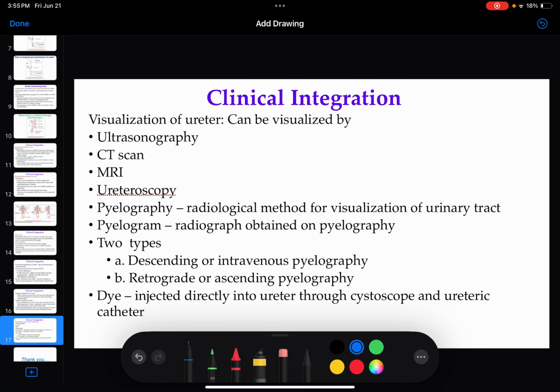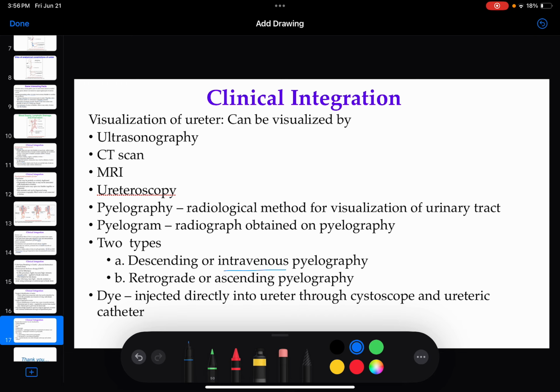So for visualization of the ureter, you can see it normally in ultrasound, we can take a CT scan, MRI, ureteroscopy can be done, or pyelography, that is injection of radiopaque fluid through cystoscopy or ureteroscopy into the urinary tract and taking an X-ray. So this is called pyelography. There are two types of pyelography. One is intravenous pyelography.